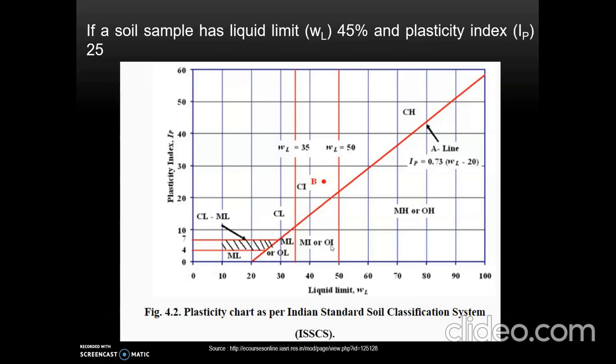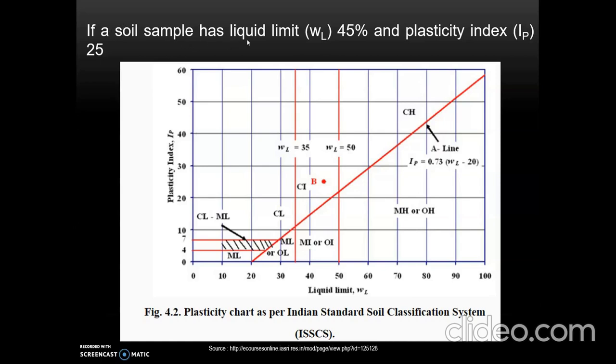Similarly, OI represents organic soil with intermediate plasticity. Now here we can see that the liquid limit value is greater than 50%. So the soil is silty soil with high plasticity, or it can be organic soil with high plasticity.